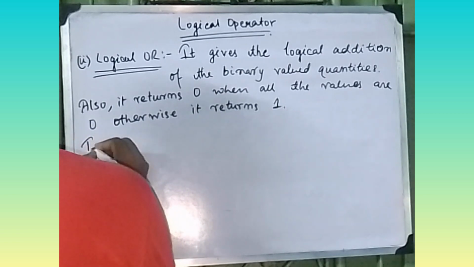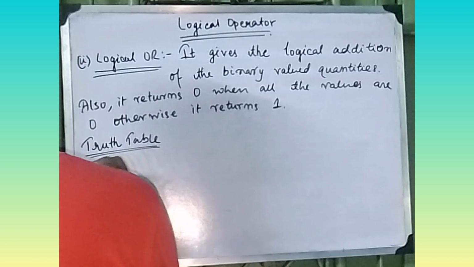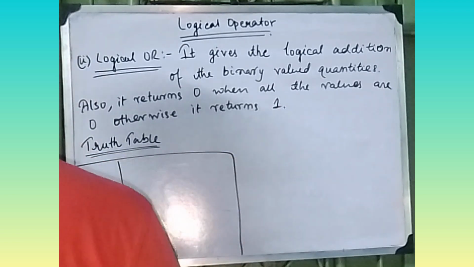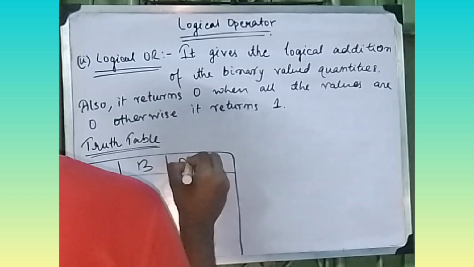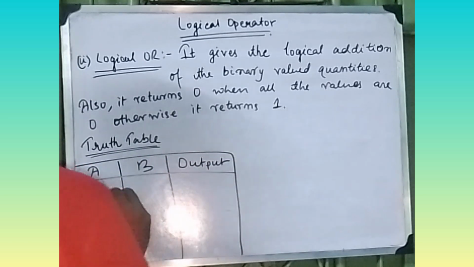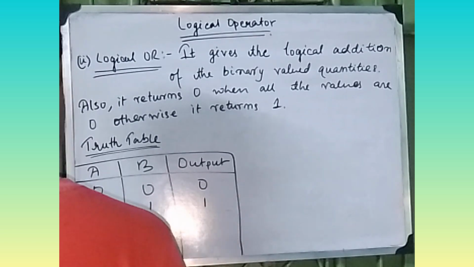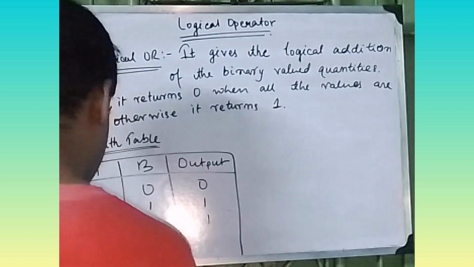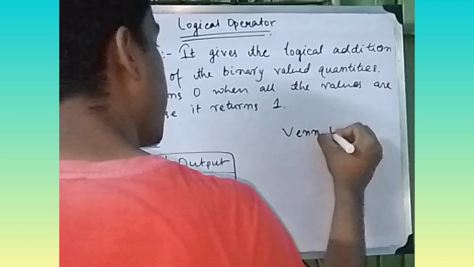To understand this more carefully, we would represent this logic gate with the help of a truth table, where we will draw three columns, namely A, B and output, where A, B are 0 0 0, 0 1 1, 1 0 1 and 1 1 1.